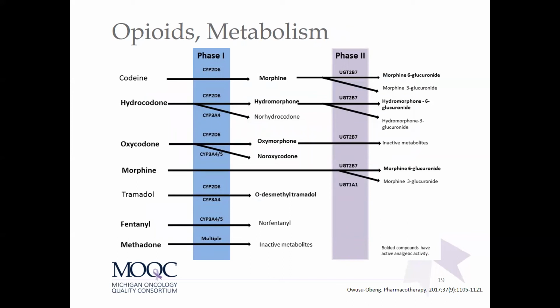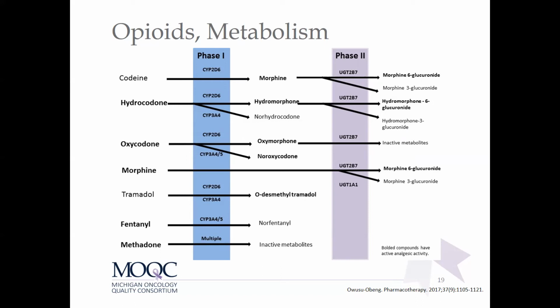Opioids have a high degree of both phase 1 and phase 2 metabolism, as you can see here. So let's go through a number of these drugs individually. So morphine is relatively poor lipid soluble, has moderate bioavailability for the opioids at about roughly 40%. It penetrates the blood-brain barrier slowly.